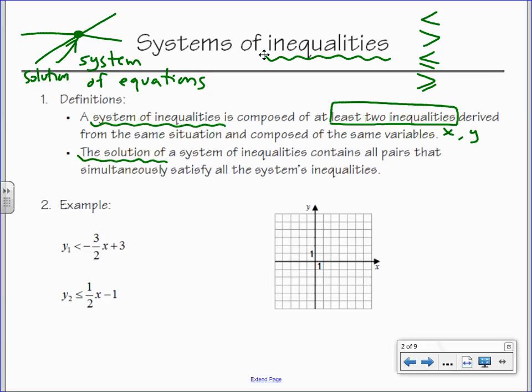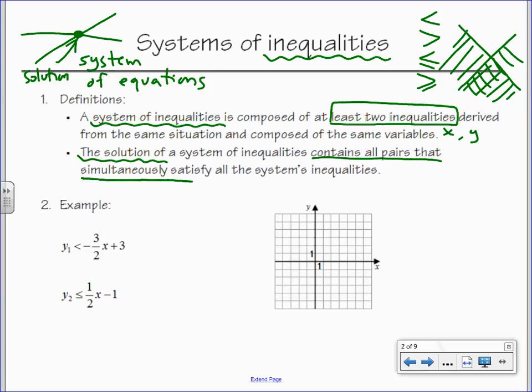Now, when we have inequalities, we have one inequality and then a second inequality. So we're going to have more than one point that works as a solution. It's going to contain all the pairs that simultaneously satisfy all the system's inequalities.